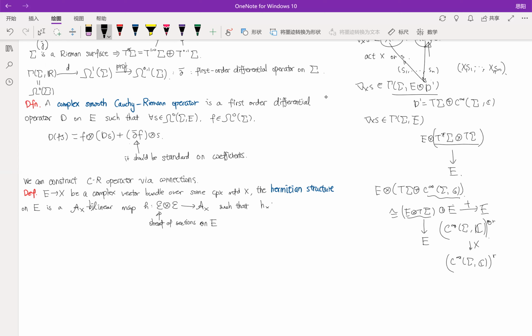So H_x from E_x to E_x is in fact a vector space tensor with E_x to C, a Hermitian inner product.